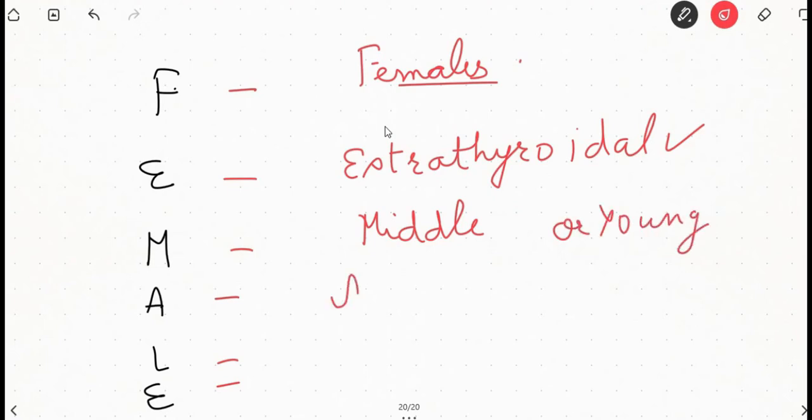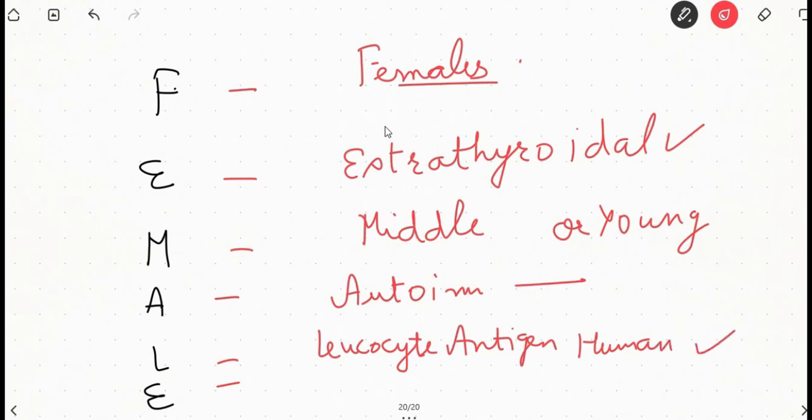A: it is an autoimmune mechanism. L stands for leukocyte antigen, human, which may contribute. And the last, E: enlargement of the gland is diffuse. Remember these, the mnemonic FEMALE.